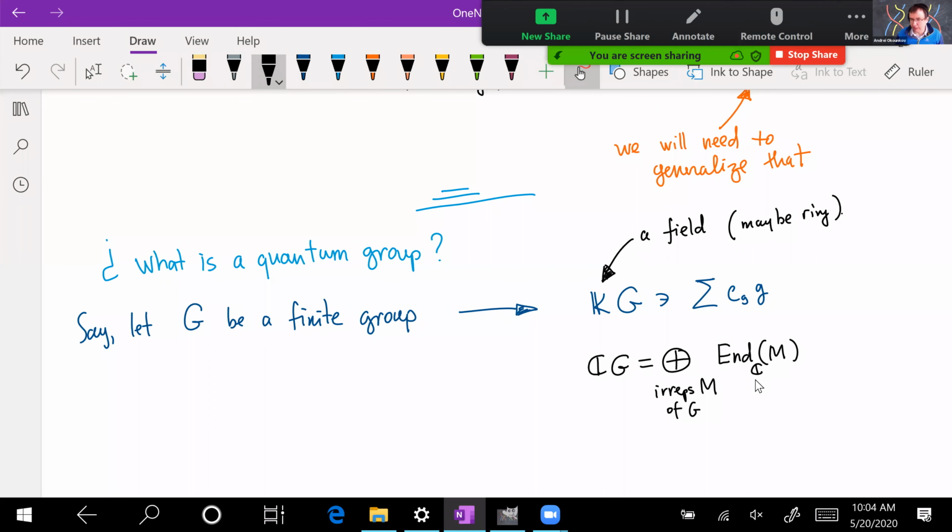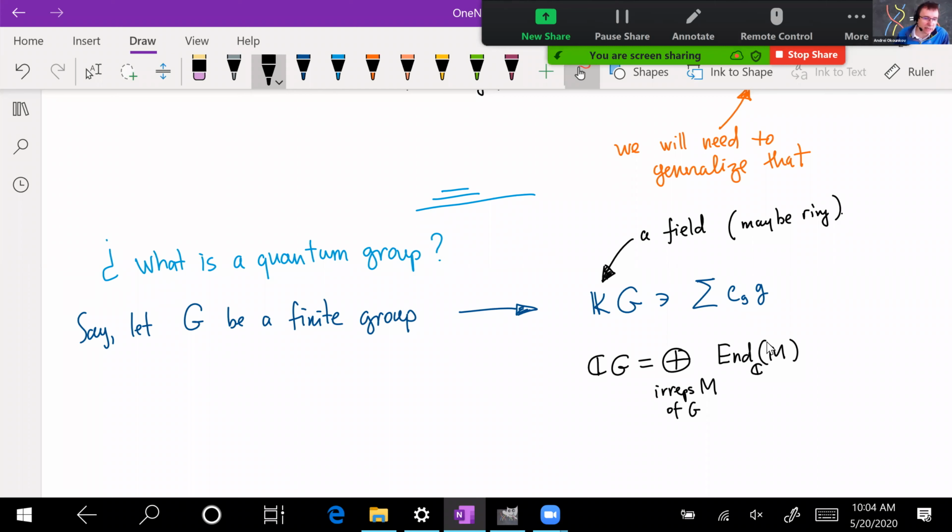So in some sense, it tells you exactly what the irreducible representations are. On the other hand, of course, it forgets a lot of information. Many different groups will have the same group algebra.